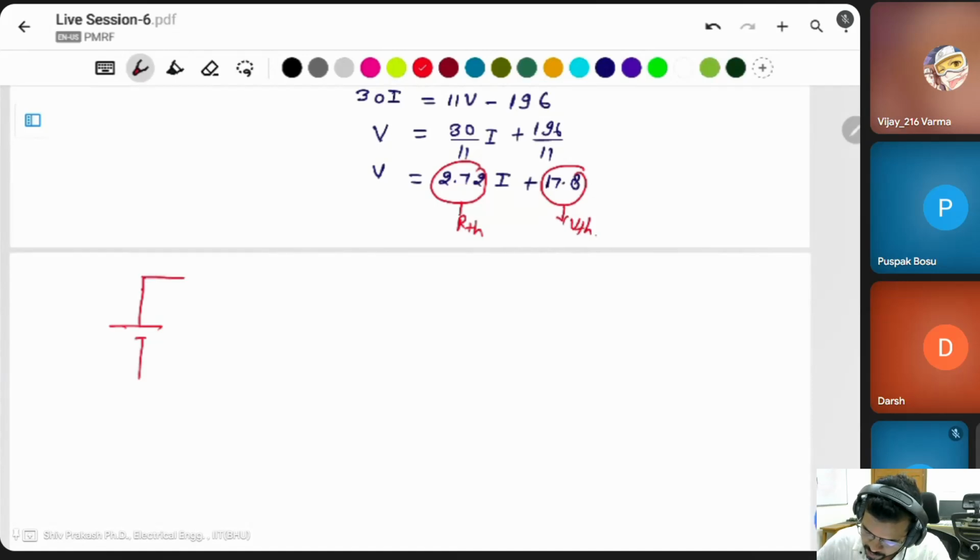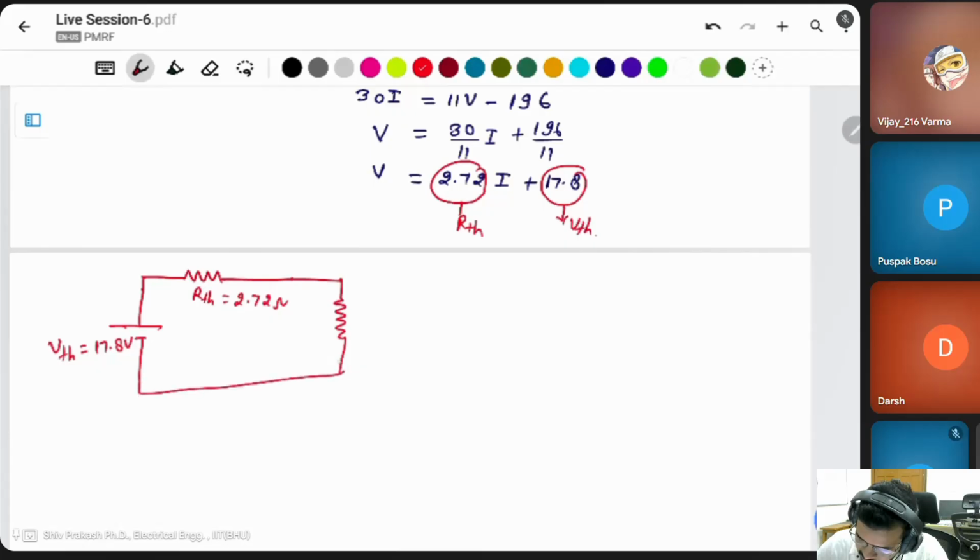Both are connected to the 21 volt battery at both ends. Oh, sorry, this is 6 ohm, this is 5 ohm. We have to find the Thevenin equivalent across this resistor. Simply apply the VI method.